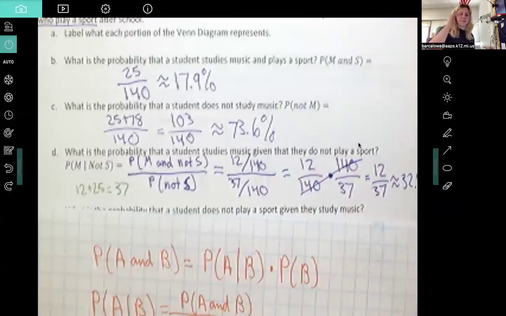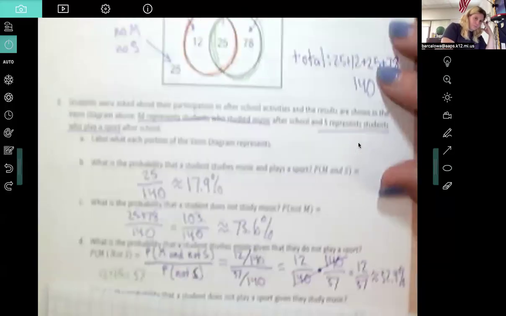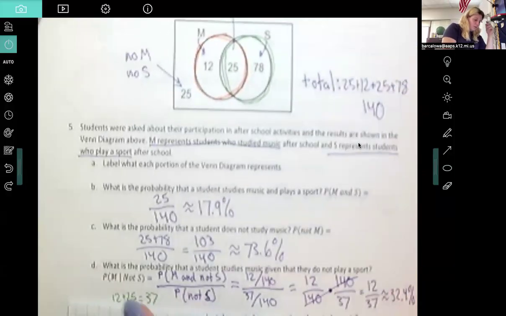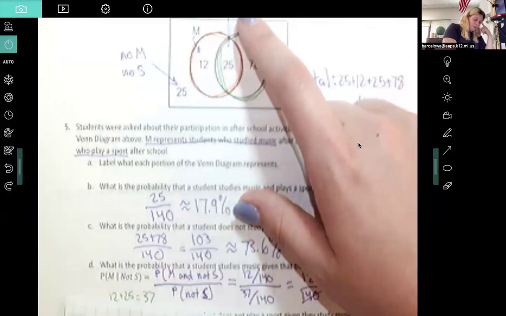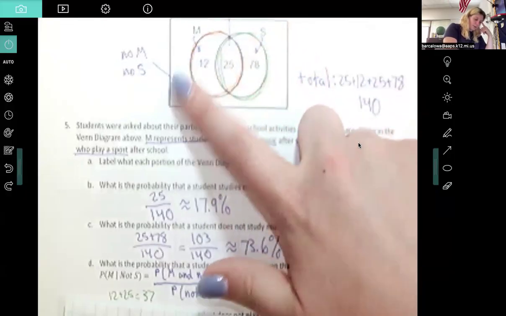Okay, you could have figured this out without using the formula if you looked at the probability of students that play music out of the 37 that do not play a sport.